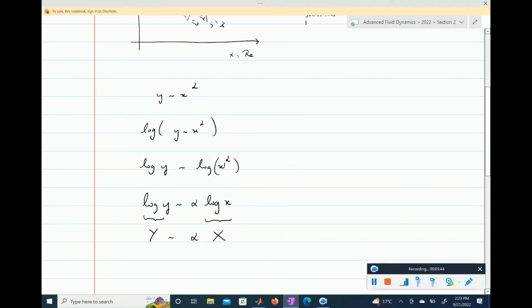So if your data satisfies a power law, then when you plot it in log-log, your plot should be a straight line, and you can directly read the exponent from the slope of this line. Now let's see how this looks.